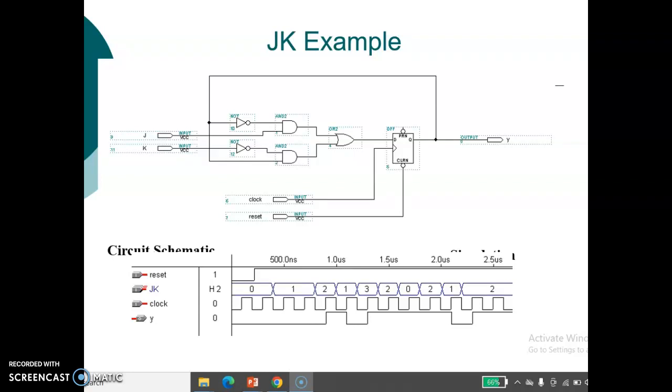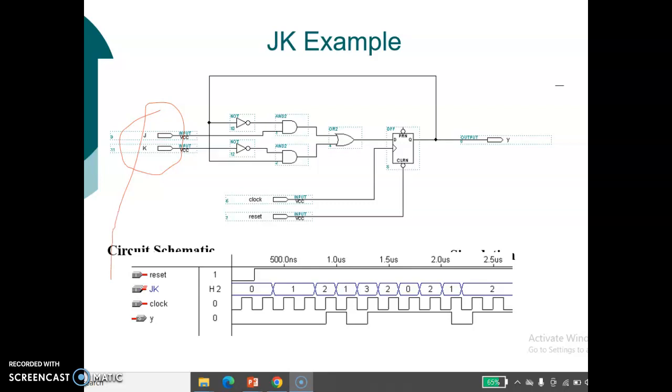The JK depends upon the input clock 0 1 0 0 1. Where is the JK input given?